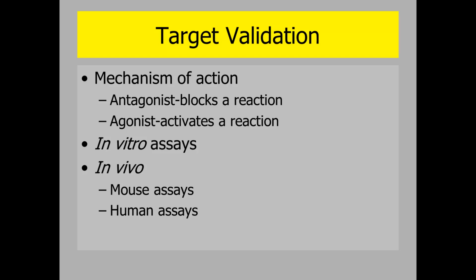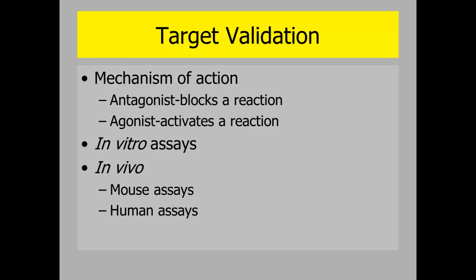So these different mechanisms of action then are very important for understanding what's going on in the cell biologically. So the mechanism of action can be identified in an in vitro assay, and the validation of the target can be characterized in these in vitro assays.